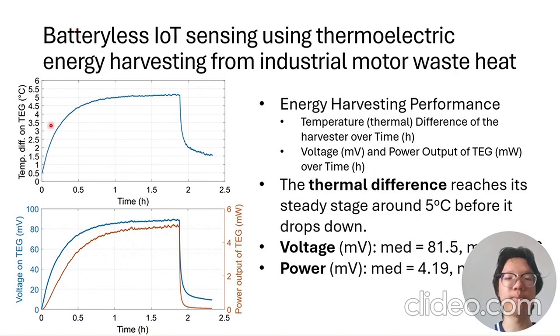The figure above shows the characteristics of the practical harvester system. The thermal difference reaches its steady state around 5 degrees Celsius before it drops down. Voltage and power output of the generator are about 81.5 millivolts and 4.19 milliwatts at steady state, which can both reach a maximum of 89.6 millivolts and 5.07 milliwatts.